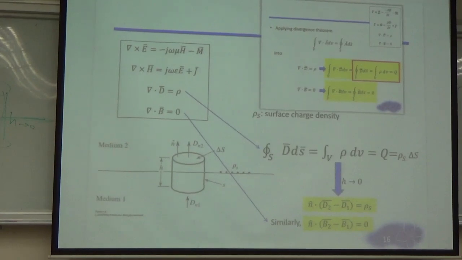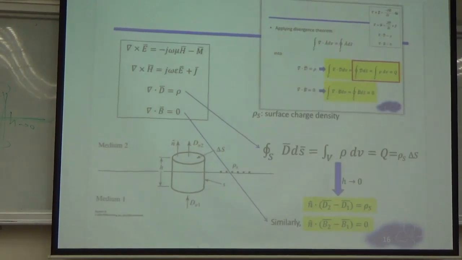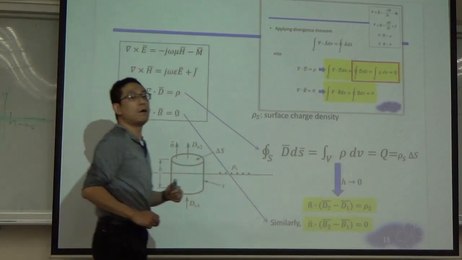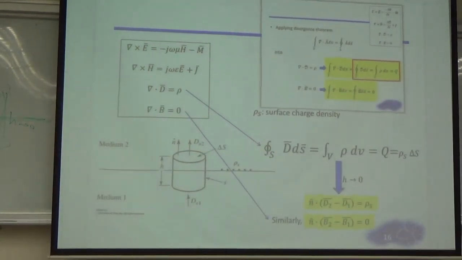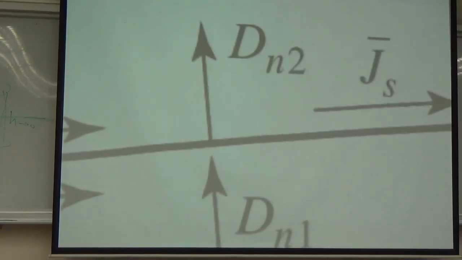The direction of a surface is the direction perpendicular to it, right? So for this part it is going up, and for this part it is going down. At the beginning, we defined the two D in the same direction.